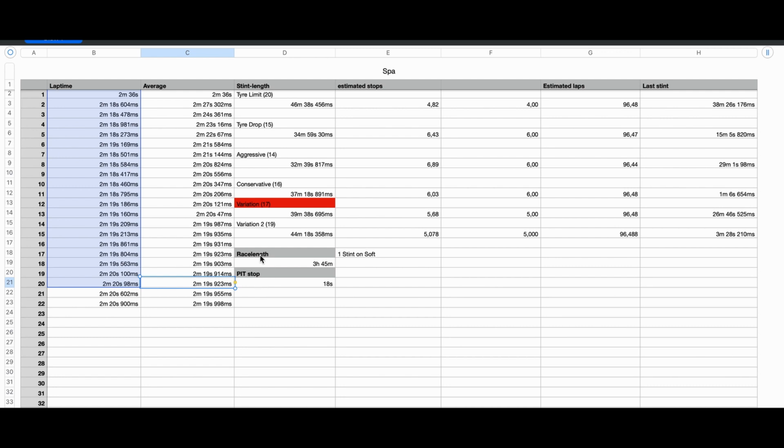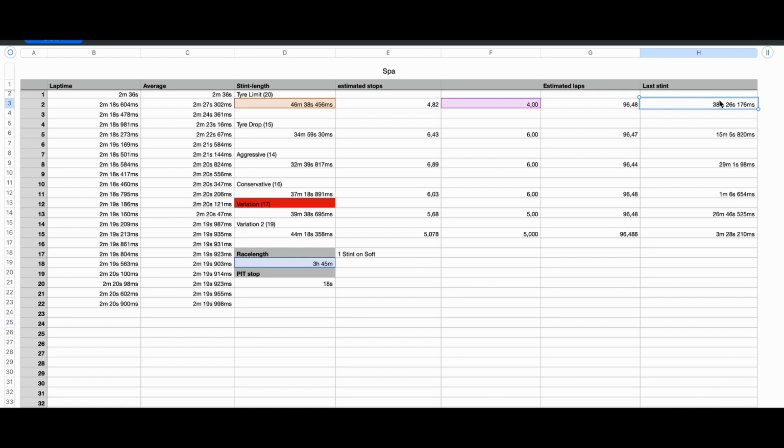What I do is take the stint lengths and divide the race time by them. So I know the number of pit stops that we can possibly have and the amount of time that is left when we finish our strategy.